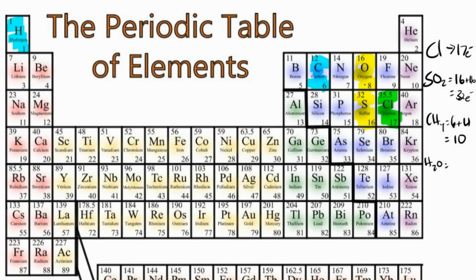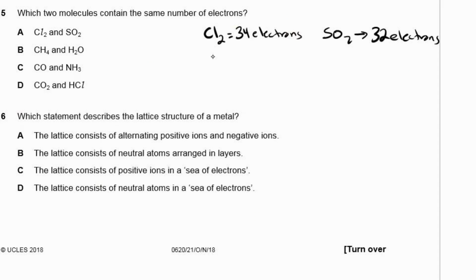So we already know that H is 1, so we have 2 H's, so we have 2, plus we already know that oxygen has 8, so that equals 10 electrons. Okay, so CH4 has 10 electrons, and H2O has 10 electrons. Ooh, that looks like it's the same number. We'll just double check to make sure we didn't make some sort of mistake.